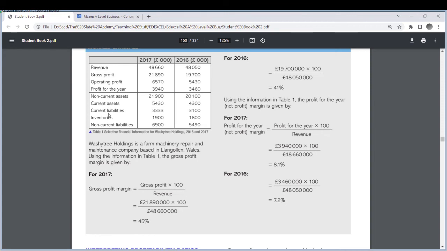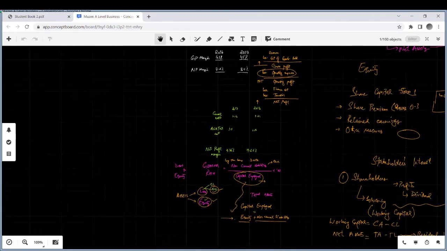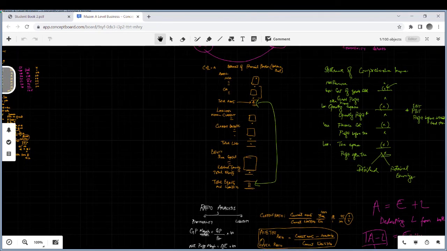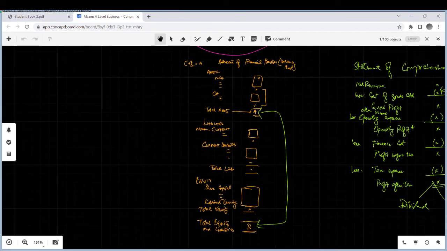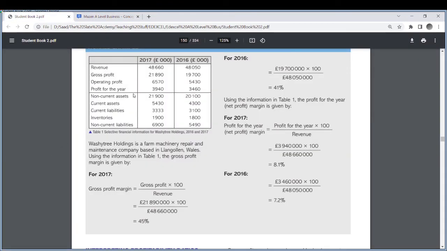To calculate the amount of equity, you will have to look back at the chart that we drew yesterday, the statement of financial position. Maybe open the chart where you copied it in your notebook, and by looking at the chart, let me know the amount of equity for this business.